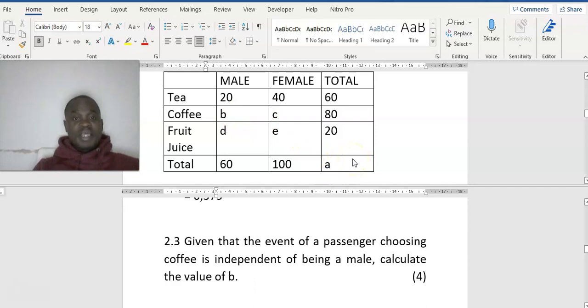For it to be independent, this B over A should be equal to the probability of those who are male times the probability of those who drink coffee. Remember, the probability of A and B should be equal to the probability of A times the probability of B. So here we are going to use that idea.